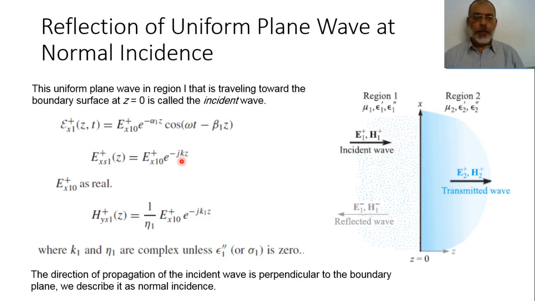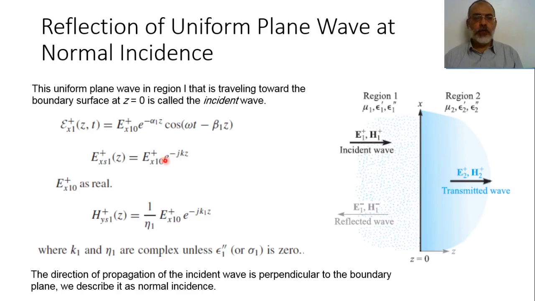Okay. Now, assuming that medium 1 is lossless, in this case alpha 1 would be 0, so we are talking only about beta 1 z. Okay, so this is the phasor form of the incident plane wave in terms of its amplitude and its complex propagation constant k.